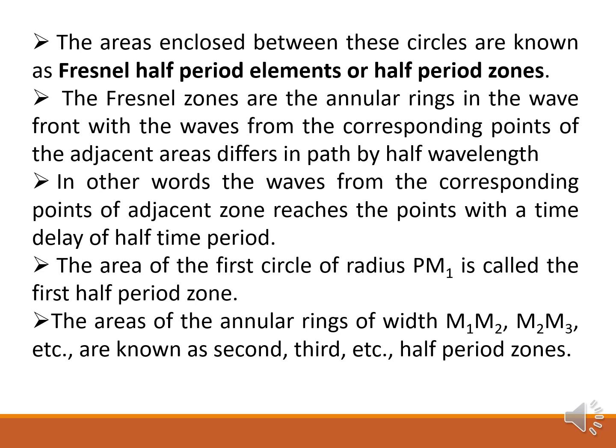These are the annular rings in the wavefront with the waves from the corresponding points of adjacent areas differing in a path difference of half the wavelength, or lambda/2. In other words, the waves from the corresponding points of an adjacent zone reach the point with a time delay of T/2. The area of the first circle of radius PM1 is called the first half-period zone. The areas of annular rings between M1, M2, M2, M3, etc. are known as second, third, fourth, etc. half-period zones.